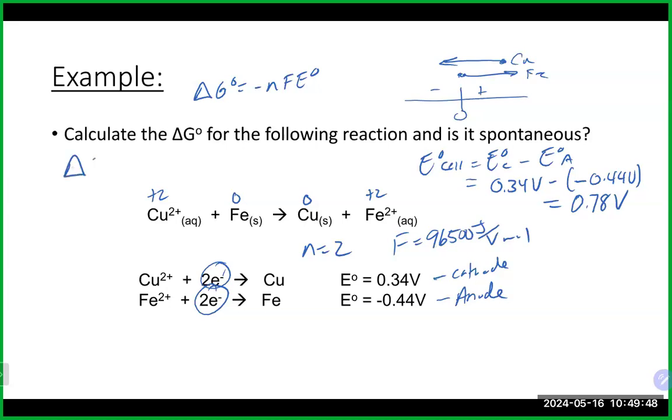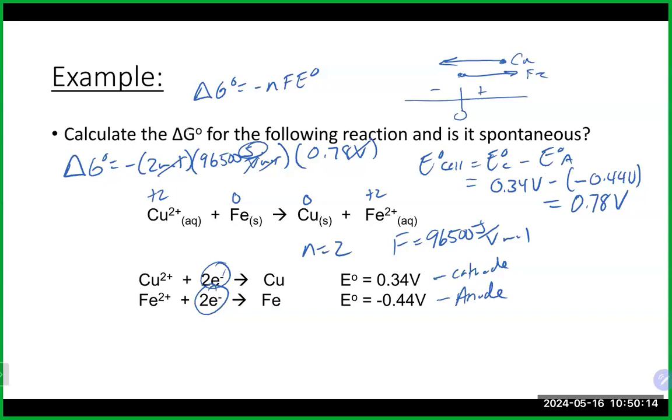So my delta G will equal minus 2 moles, times 96,500 joules per volt per mole, and our voltage there at 0.78 volts. Volts will cancel, moles will cancel, going to leave us our units of joules at the end. That's going to give us 2 times 96,500 times 0.78.